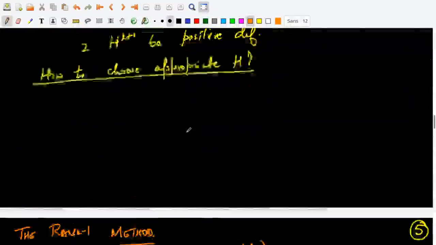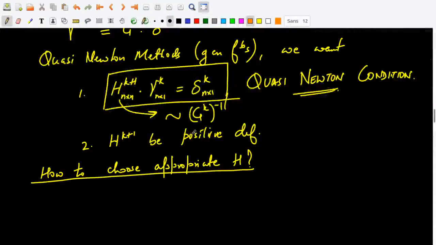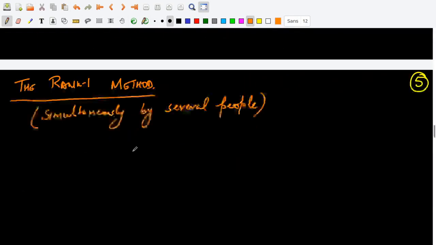So this rank 1 method imposes an additional condition on H, which is that the matrix H_{k+1} should differ from H_k by only a rank 1 matrix.